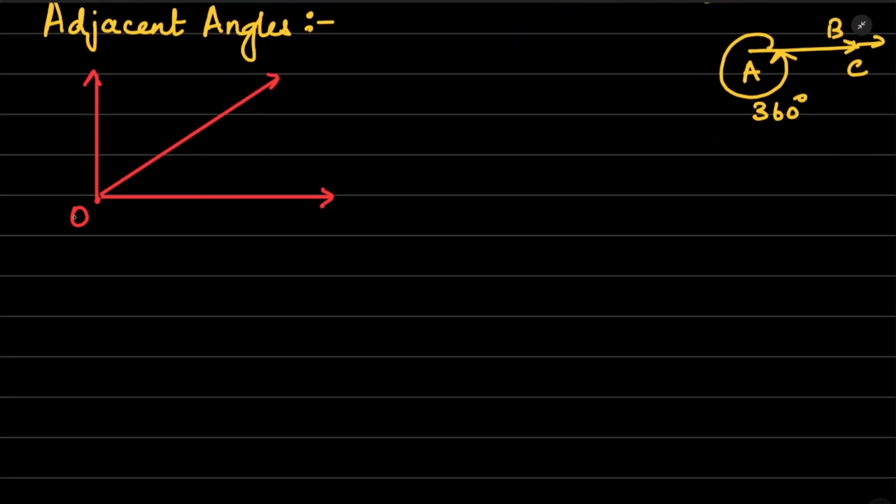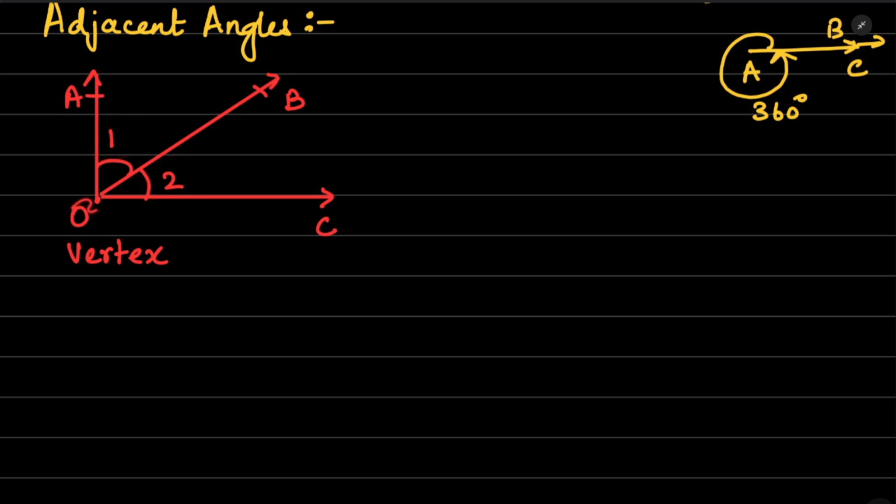Let this be the vertex. You have C, you have B, and you have A. So this is angle 1 and this is angle 2. So you have two angles, angle 1 and angle 2.